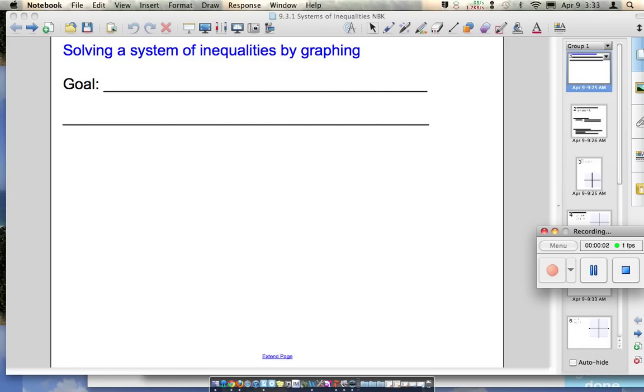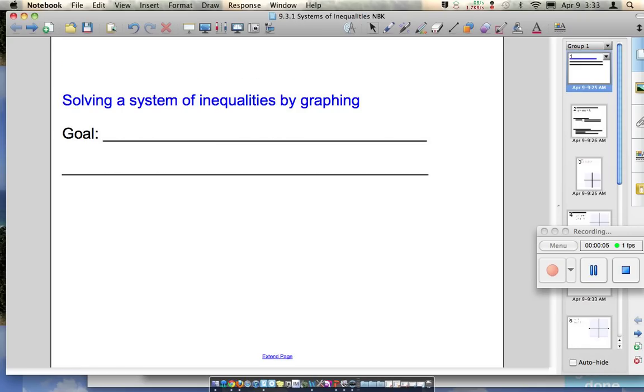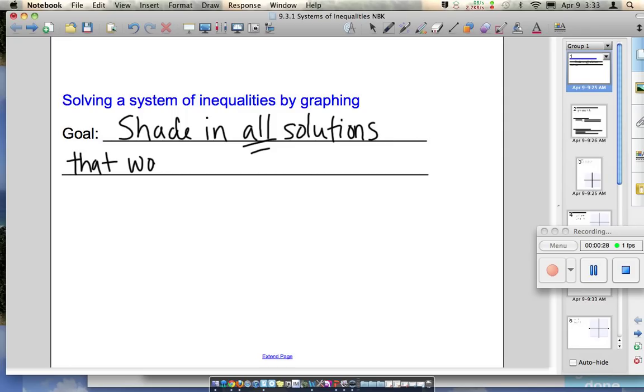Okay, this is video 931, and the goal here is to be able to solve a system of inequalities by graphing. So the way that works is that we want to graph, we want to shade in all solutions that work for all the inequalities in the system.